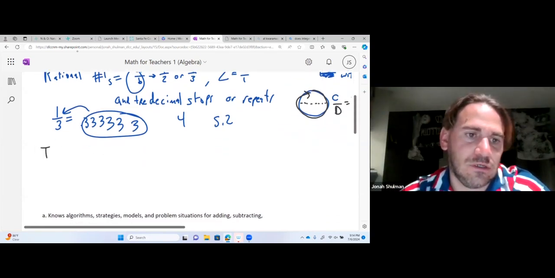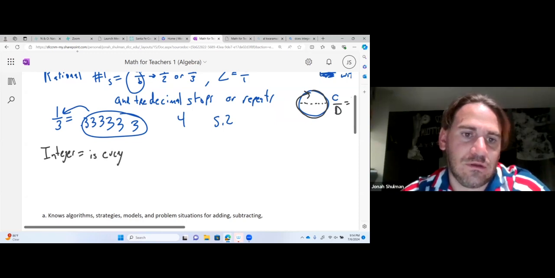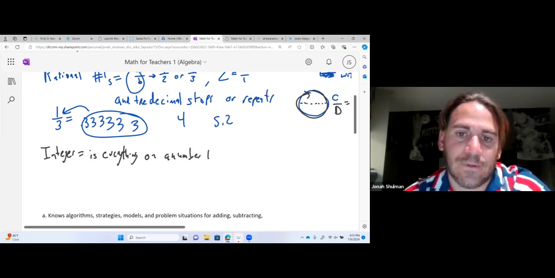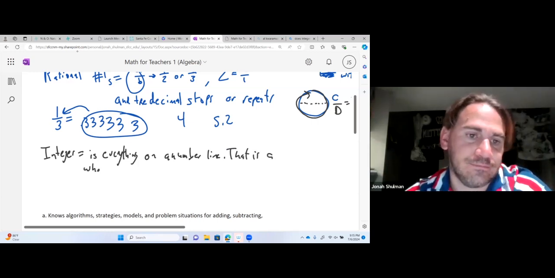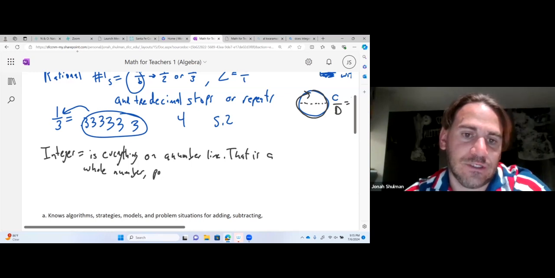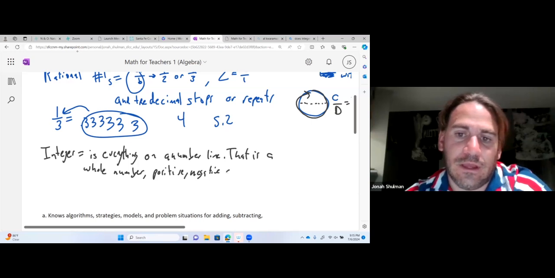So what is an integer? An integer is everything on a number line that is a whole number, positive, negative, and includes 0.